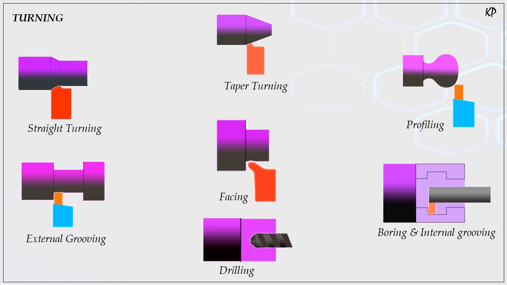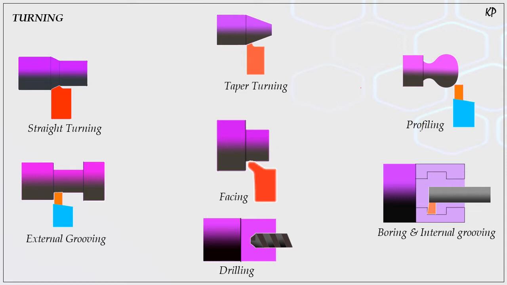So in straight turning you have to remove the material from the face of a particular part, or in external grooving, if you want some grooves on the part for circlip mounting or o-ring mounting, this kind of groove you can produce by external grooving. In some parts you want to drill to mount screws or produce a thread, so drilling is the process you can use there.